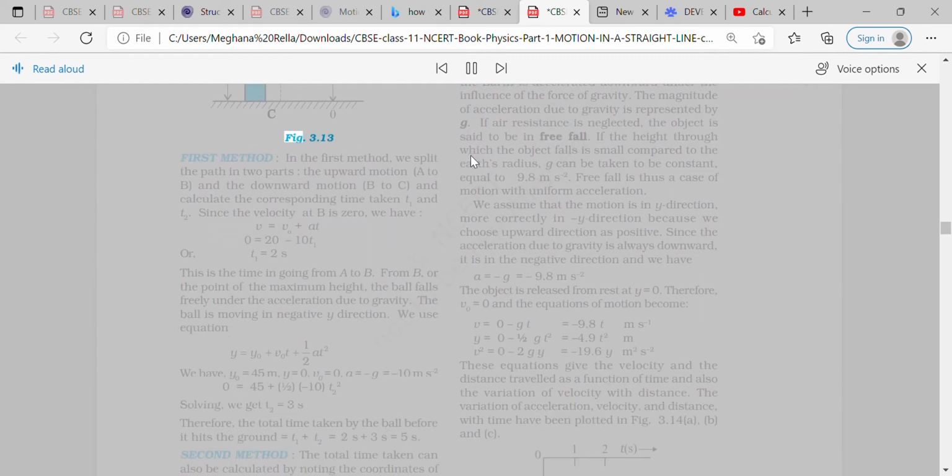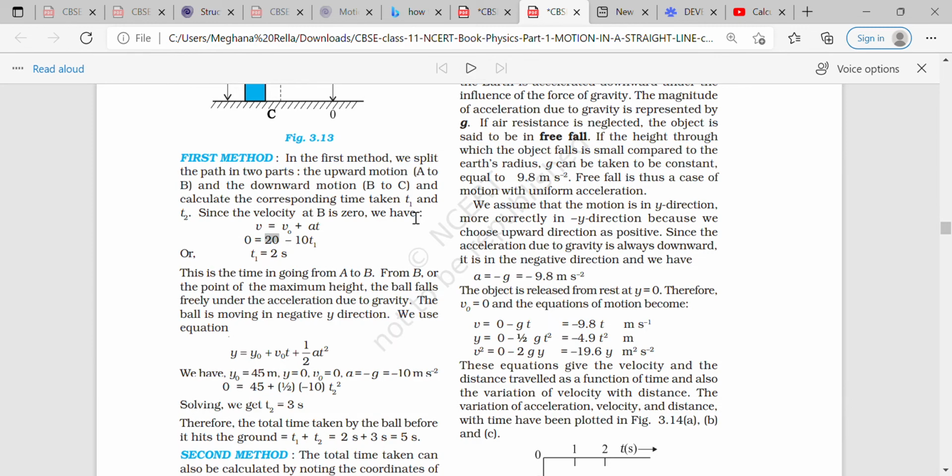Fig. 3.13. First method. In the first method, we split the path in two parts, the upward motion, A to B, and the downward motion, B to C, and calculate the corresponding time taken t1 and t2. Since the velocity at B is 0, we have v is equal to v naught plus at, 0 is equal to 20 minus 10 t.